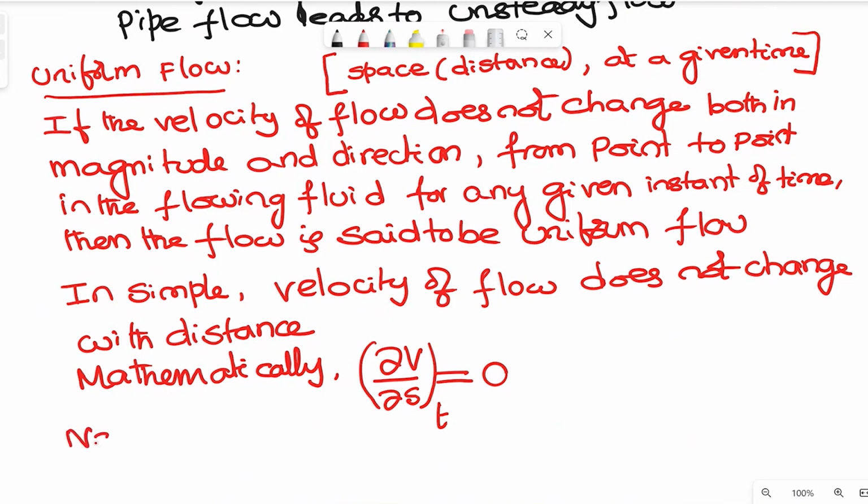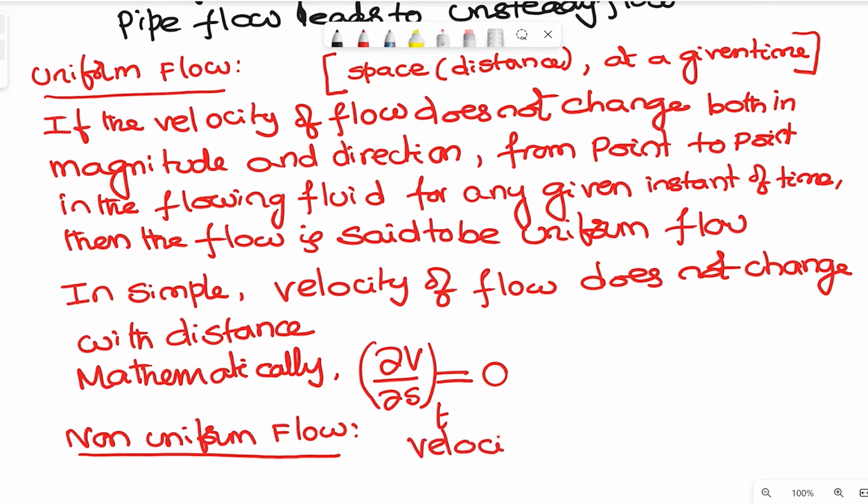Then what is non-uniform flow? Exactly opposite of the above. Velocity changes with distance.